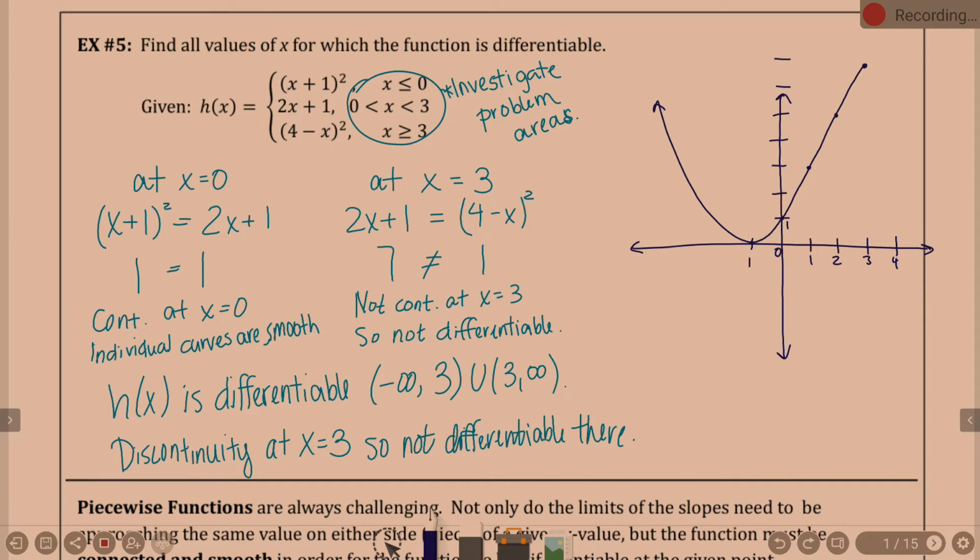You want an open circle. It is technically an open circle because of less than 3, yes? Then, okay, 4 minus x squared.